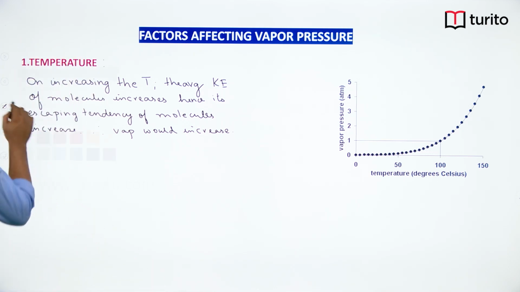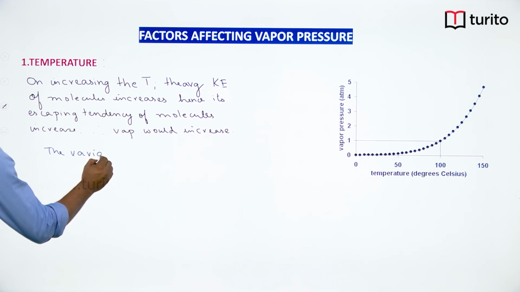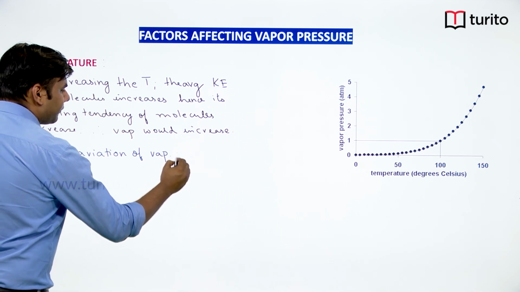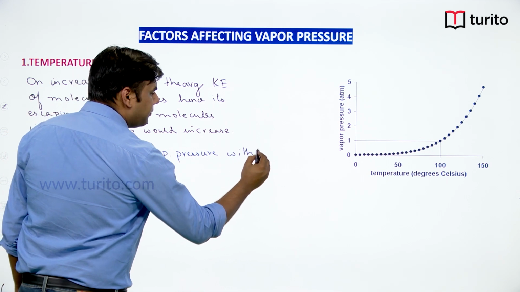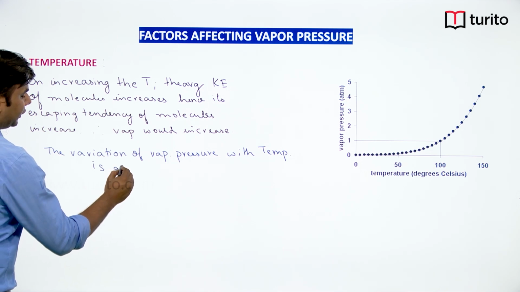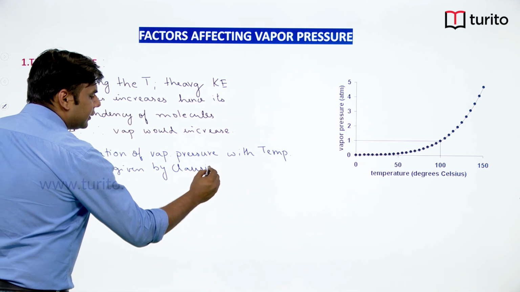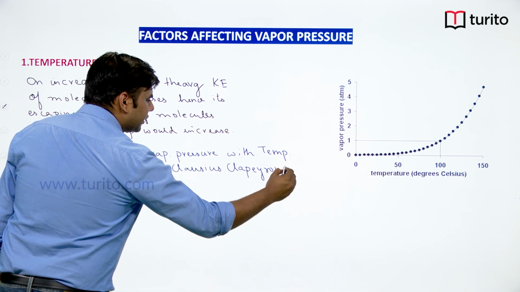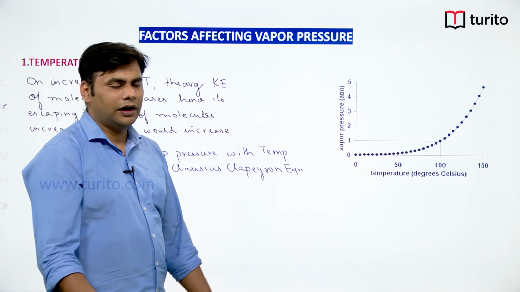So the variation of vapor pressure with temperature is given by the Clausius-Clapeyron equation. This equation is of the same format as the Van 't Hoff equation or the Arrhenius equation.